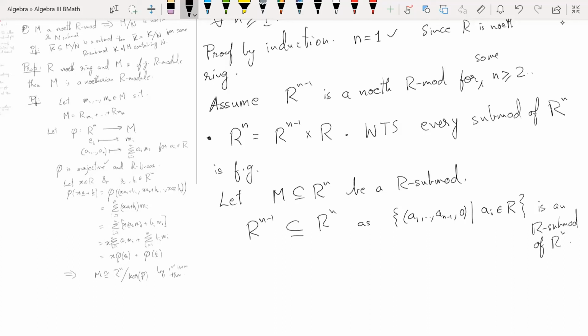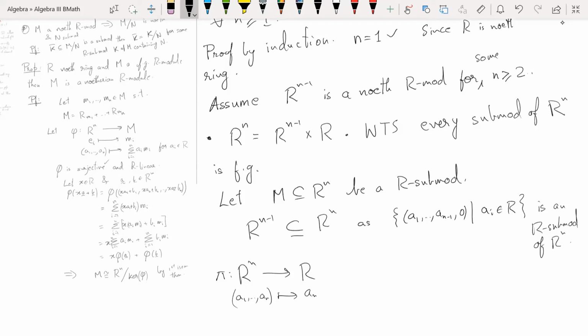And we want one map from R^n to R. So R^n to R, we consider this map, let's call this pi, the projection map. So (a1 to an) goes to an. So what is the kernel of pi?